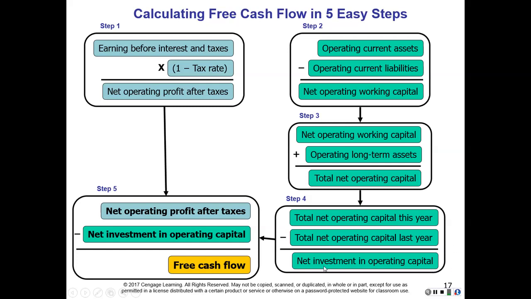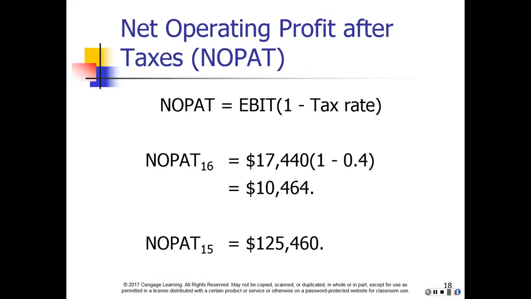And then what you get is net investment in operating capital. And that is what gets subtracted from NOPAT. This is called NOPAT, net operating profit after taxes. And after doing all that, we end up with free cash flow. And that is important because that's what we base a company's value on, right? So basically, here's the NOPAT.